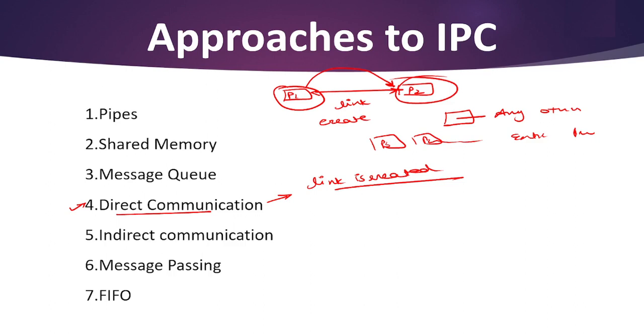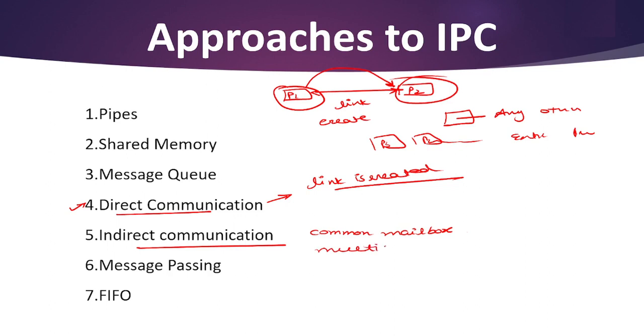Okay, next we have is indirect communication. So in case of indirect communication, it can only be established when processes share a common mailbox, and each pair of these processes can share multiple communication links.